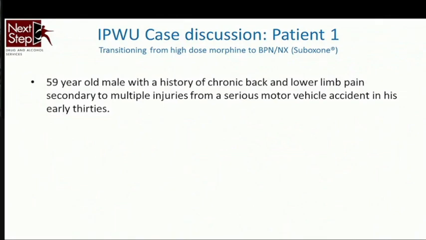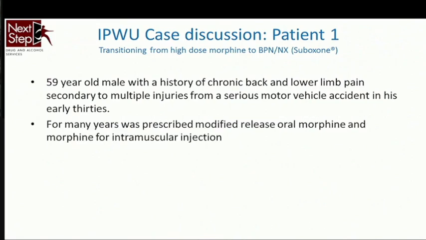Back then, it was decided that prescribing him intramuscular morphine on discharge was potentially a good idea. So he went home on intramuscular morphine, which initially was administered by a nurse, but very quickly self-administered. For many years, this was his regimen. He was on prescribed oral morphine and intramuscular injections.